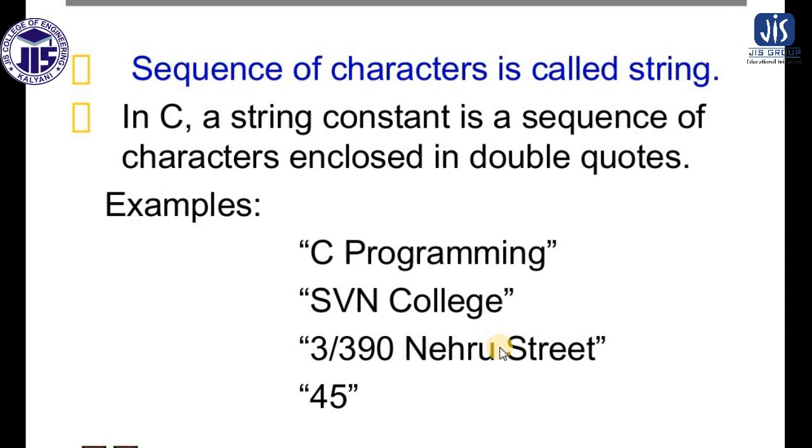Because it has an ASCII value. Whatever element has its own ASCII value can be treated as a character. A white space can also be treated as a character, because it also has an ASCII value. So that is the definition of string. String is nothing but a character array.